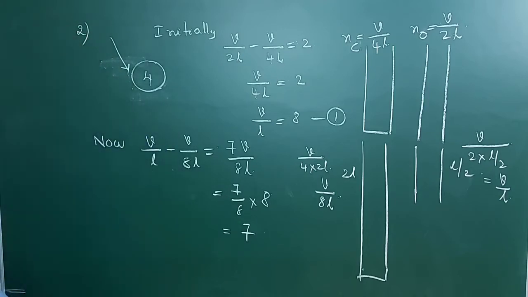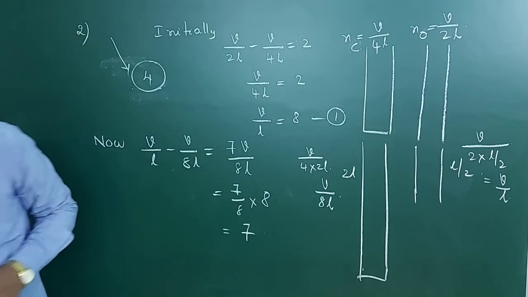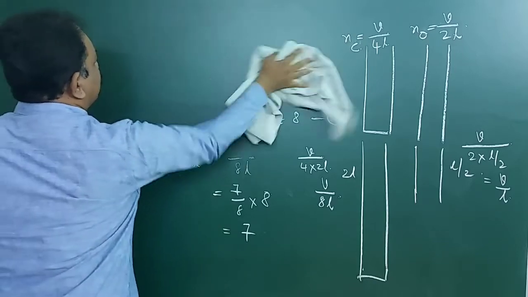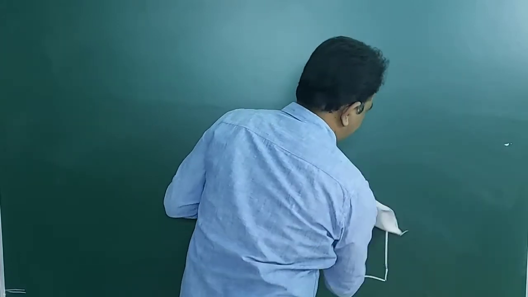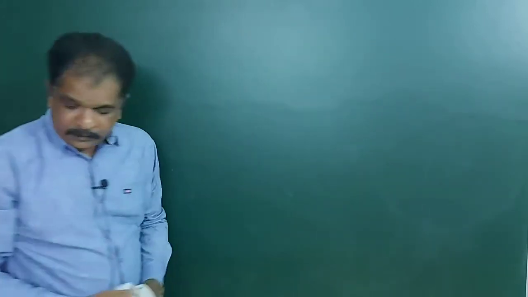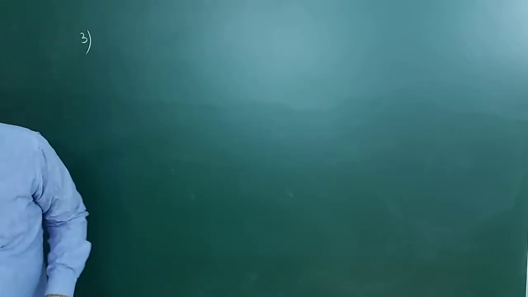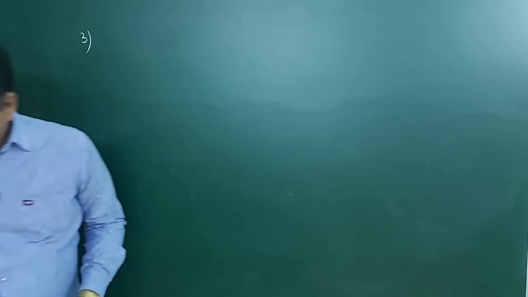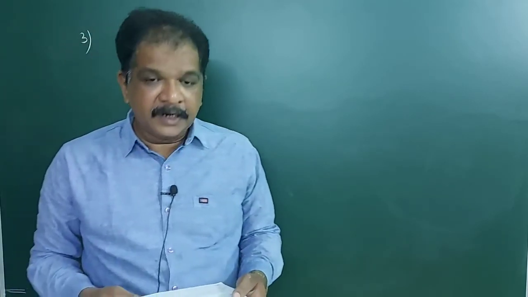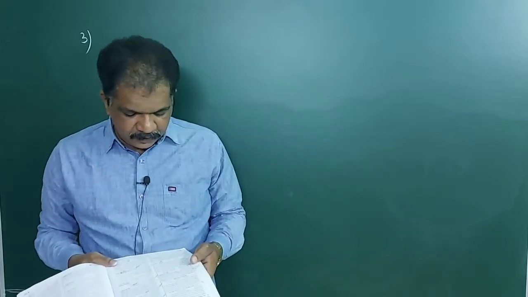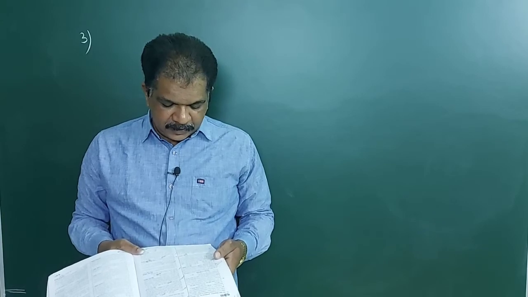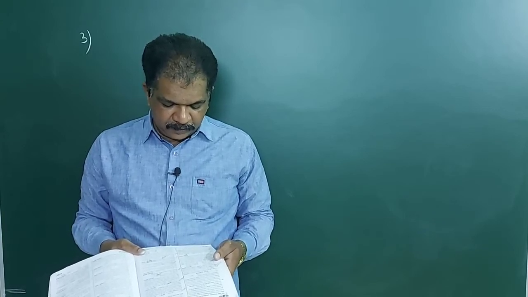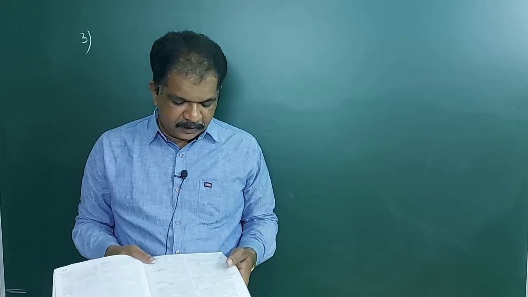Next, see the third one. What they are asking, see. A uniform wire is there, its length is L, diameter is D, density is rho, stretched under a tension T. The correct relation between fundamental frequency, length and diameter is.